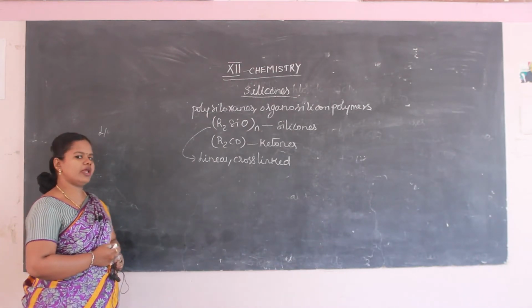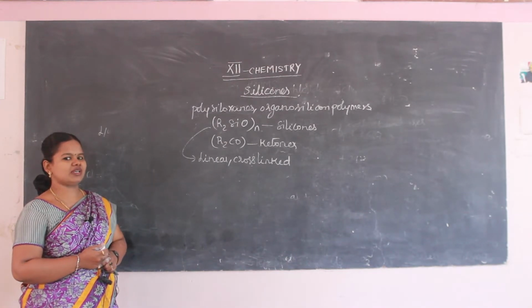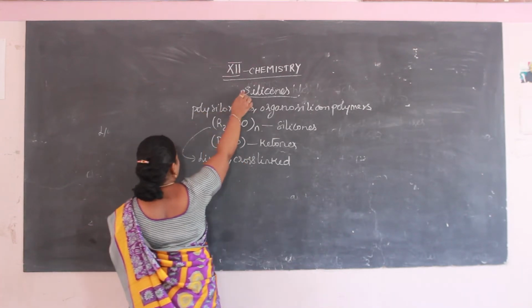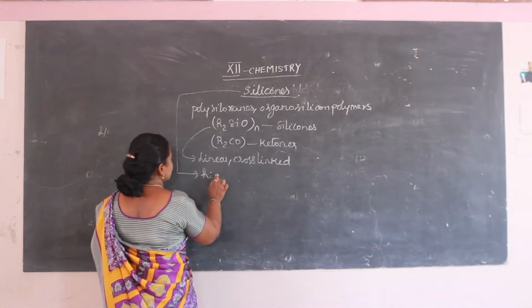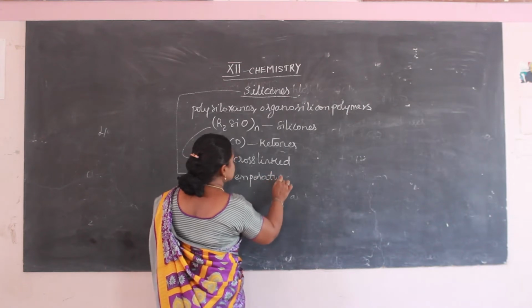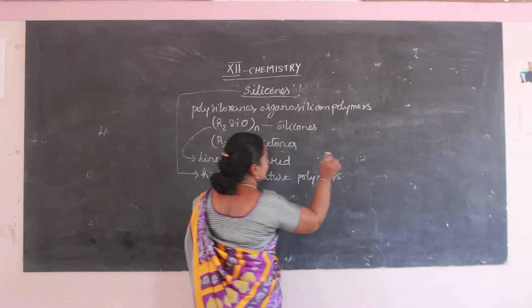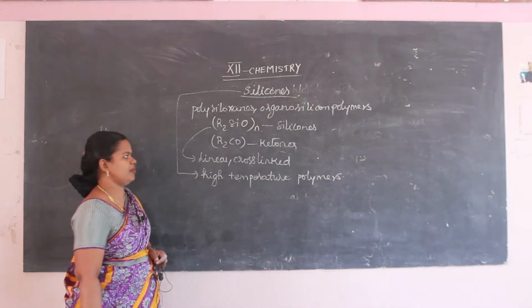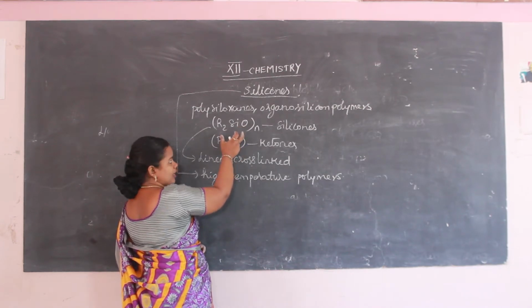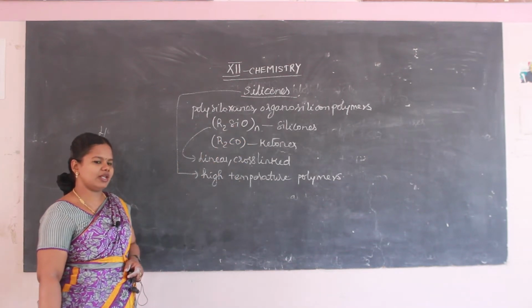Since they have high thermal stability, they are known as high temperature polymers. Their empirical formula is similar to that of ketones, so it is named silicones.